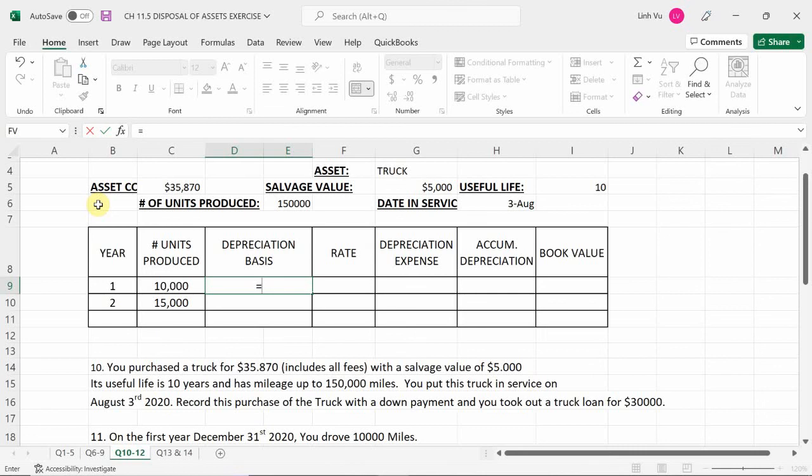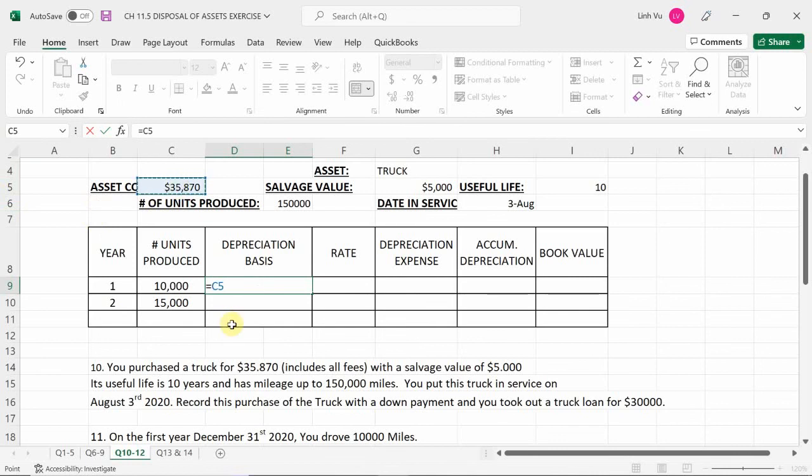How do I solve for the depreciation basis for units of production? It's the same as straight line. How did I do it for straight line? Would you take it out of your assets, which would be the 35,870?